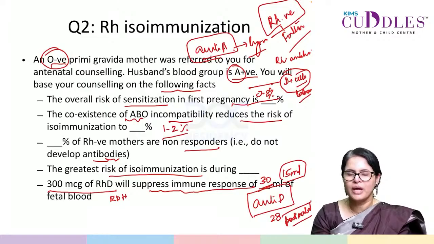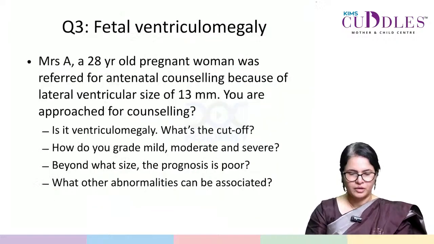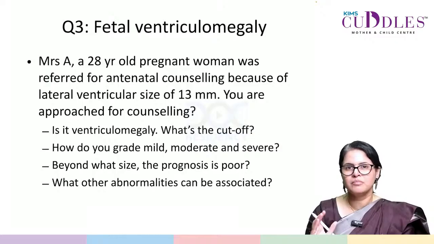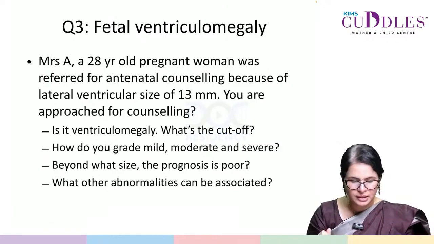It is an immunoglobulin, an antibody, the anti-D antibody. This 300 microgram dose is enough to suppress the immune response to 30 ml of fetal whole blood. This is equivalent to 15 ml of fetal packed cells. This is the maximum amount of fetal blood that enters the maternal circulation during delivery.